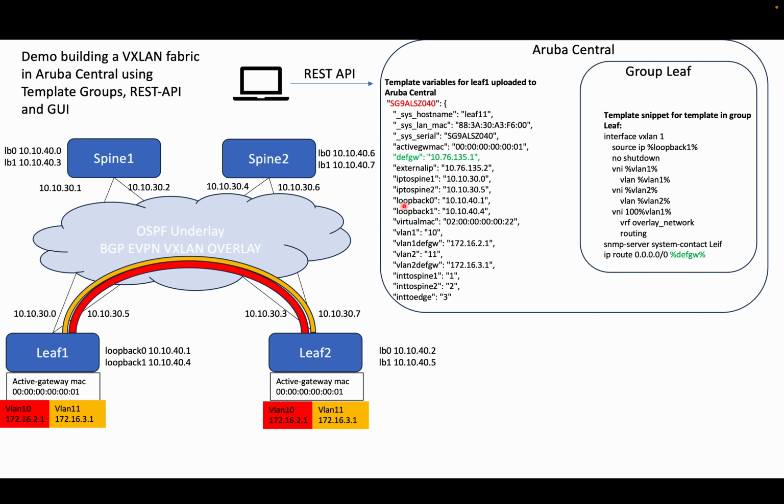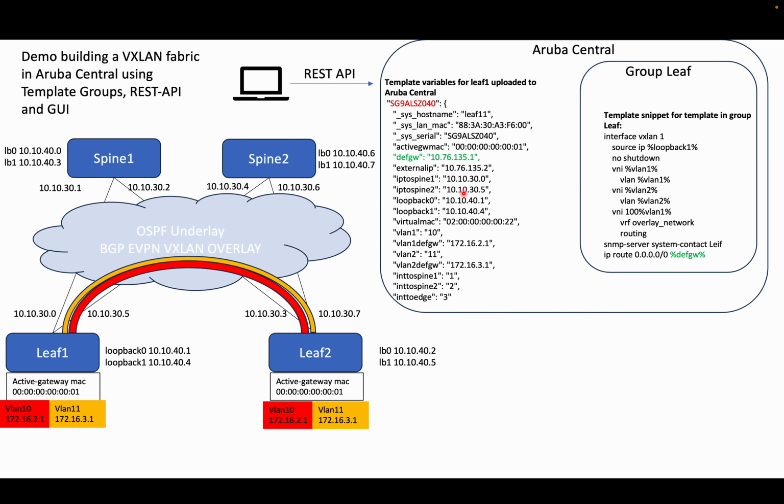And the idea with the template is that devices that have similar characteristics will often be in a group. So these two leaf switches are very similar, and I put them in a group, and they use a common template. The only thing that will differ is, for example, the loopback 1 for VXLAN 1 and the default gateway. And of course, there are some other parameters that will differ as well.